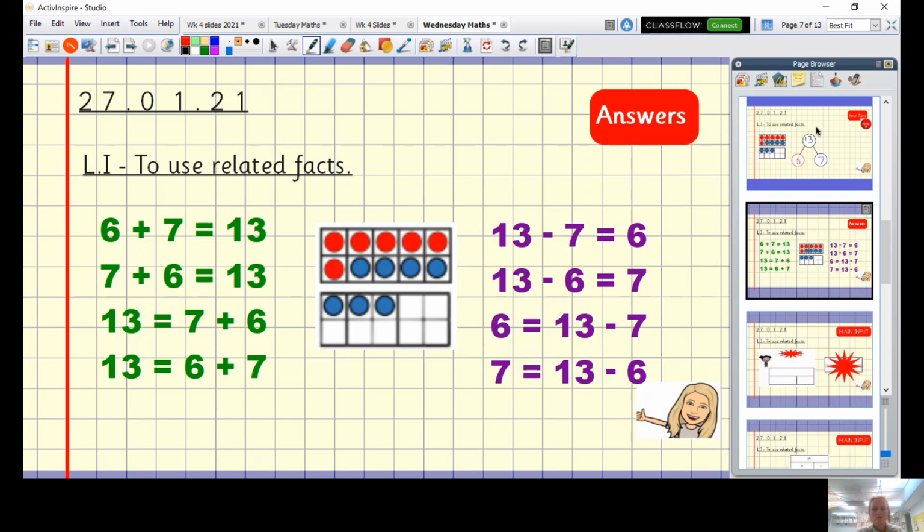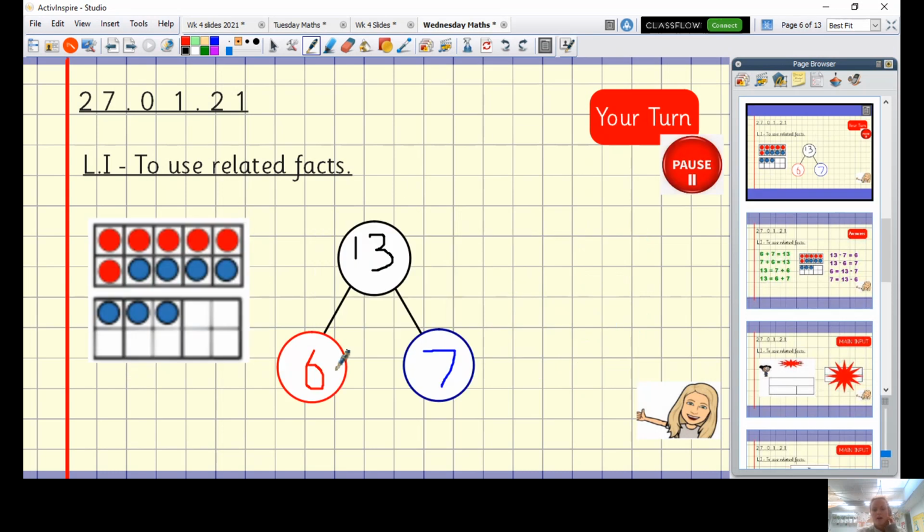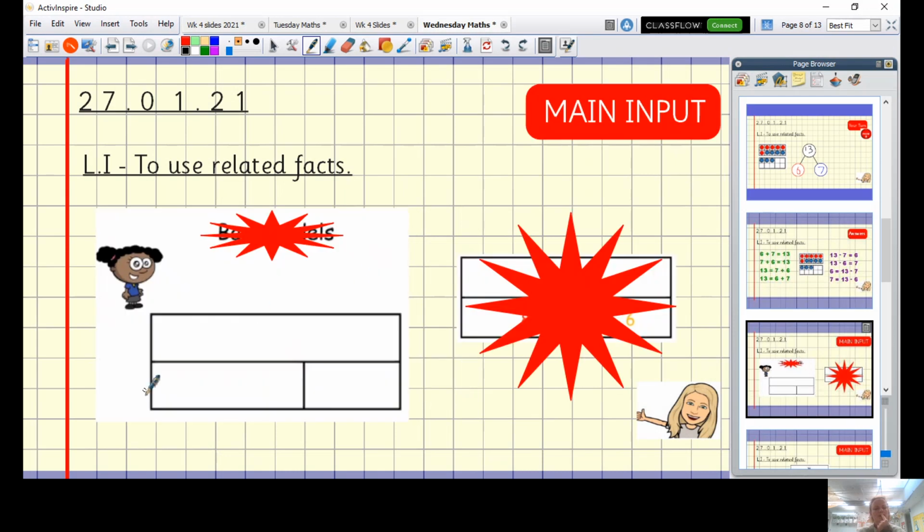Okay, so we've used our tens frame and our whole part model. We're now going to use something else, and I wonder if you can remember what this is called. Have a think. Okay, it is called a bar model.